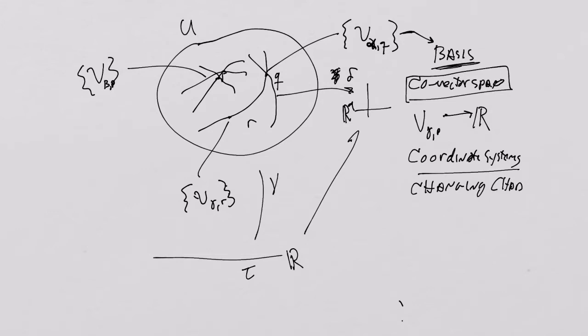So the curves gamma, beta, alpha all came from this real number line, and this path here is only possible because you can get off of the manifold using the chart U delta in this case, which is an element of the atlas.